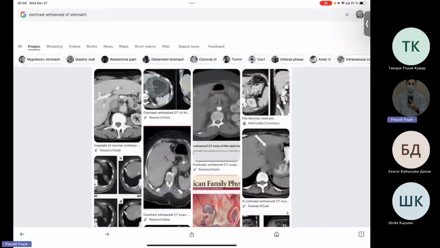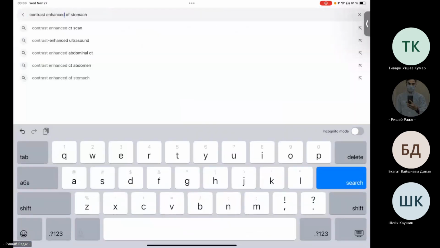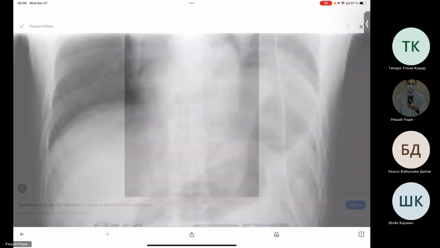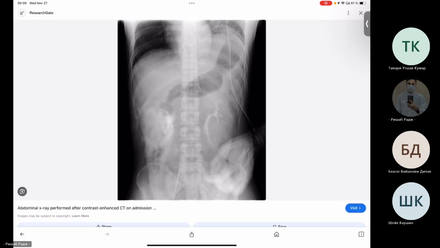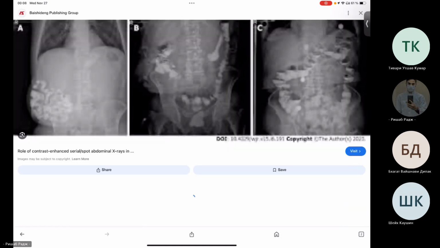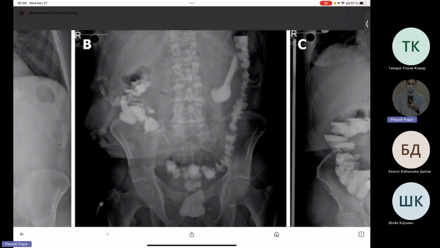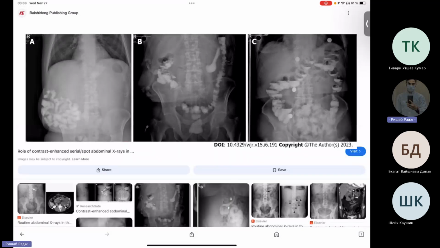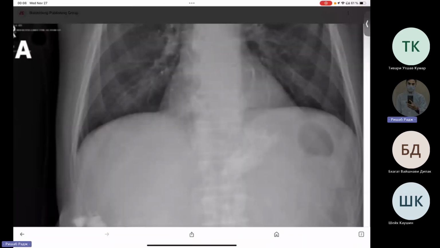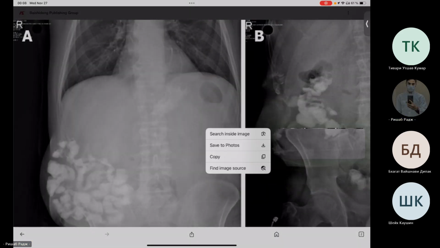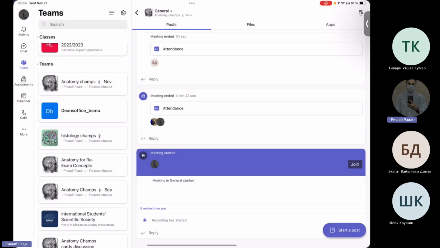Let's take only the X-ray and not the CT, so that you can see the fundus. Okay, this one's good. Guys, can you see this black dot here? Let's copy this and show you.